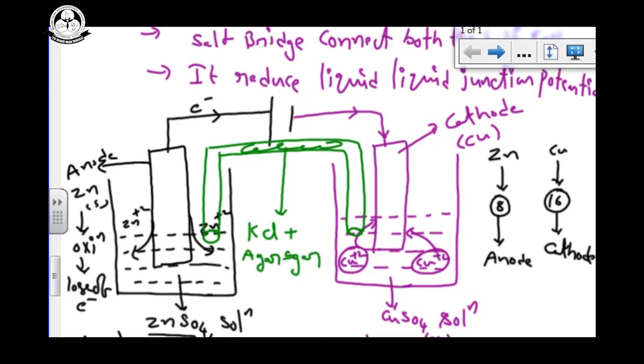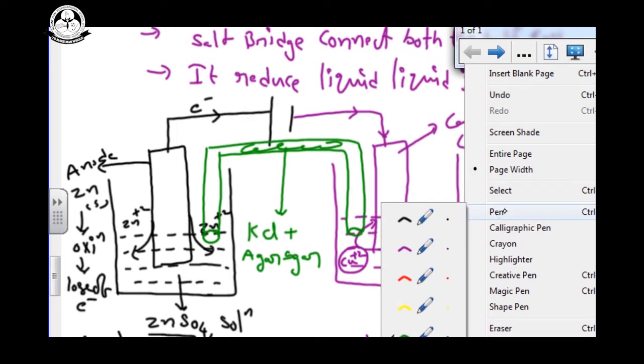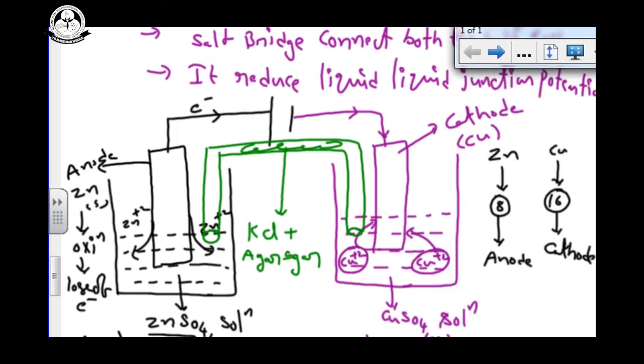See what happens: on the left hand side, at the anode, after some time zinc ion concentration increases. On the right side, sulfate ion concentration increases. Suppose there is no agar and no KCl, what happens? One important point we are writing for galvanic cells. If this is only a U-shaped glass tube, what happens?